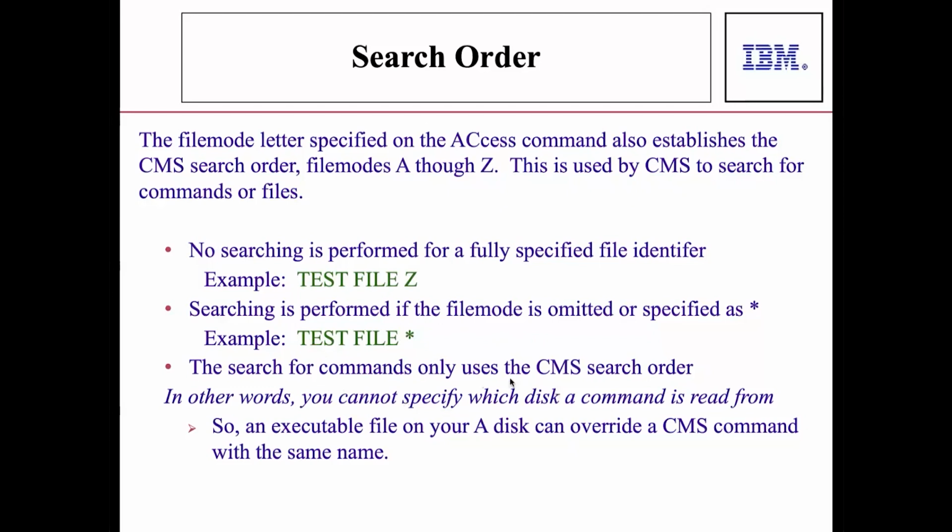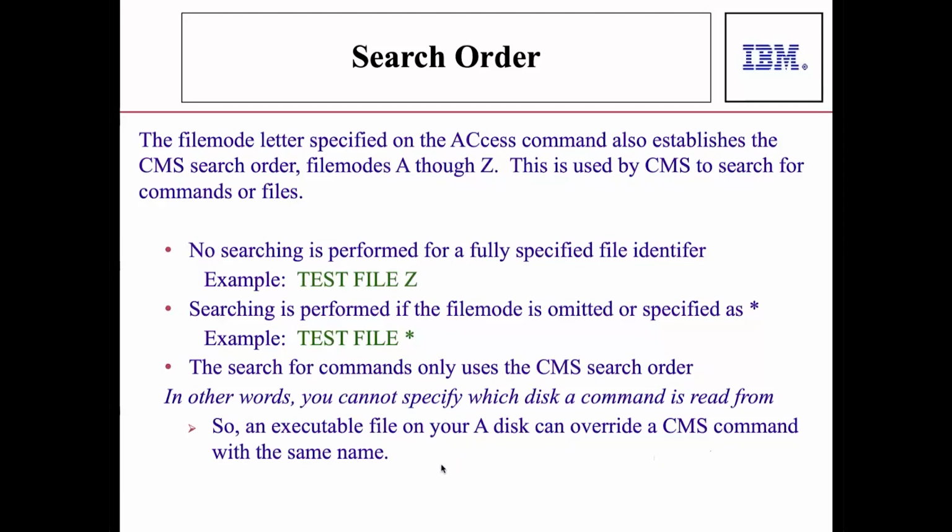CMS commands, a lot of them are files on disks. They're either scripts or they're binary objects that are run. And so when it searches for commands, it uses the CMS search order. So the thing is, when you run a command, you really can't tell it which one to run. The important point is, if you want to put an executable file on your A disk, an exec, or a module, which is the binary thing, you can actually override a CMS command with the same name.